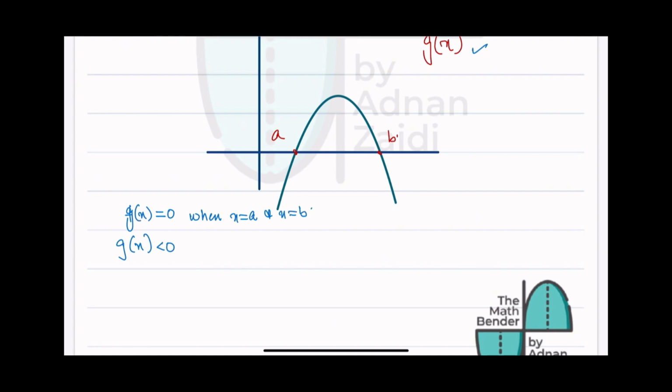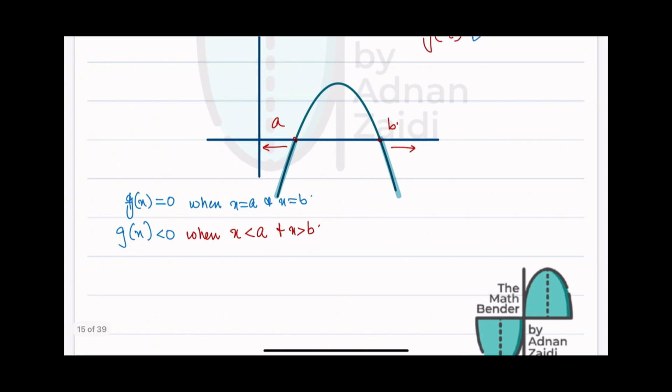As you can see, this is below the line when x is moving to the right of b and to the left of a. So you can say when x is less than a and x is greater than b. You need to sketch the curve first in order to understand it completely.